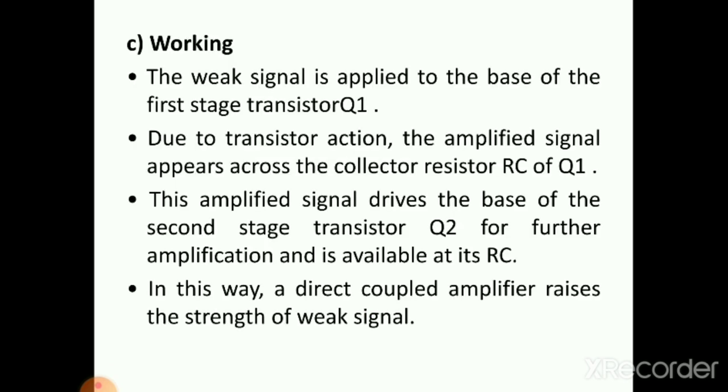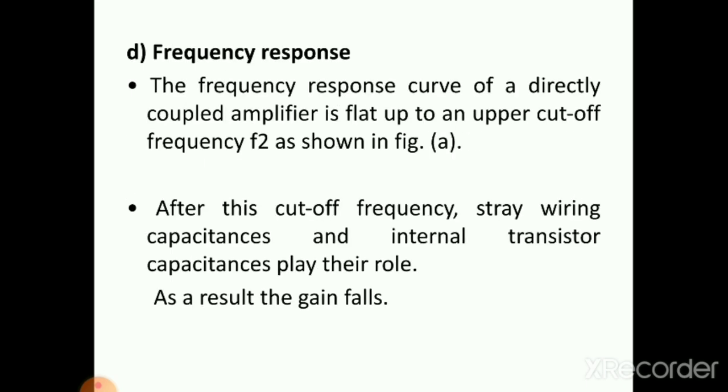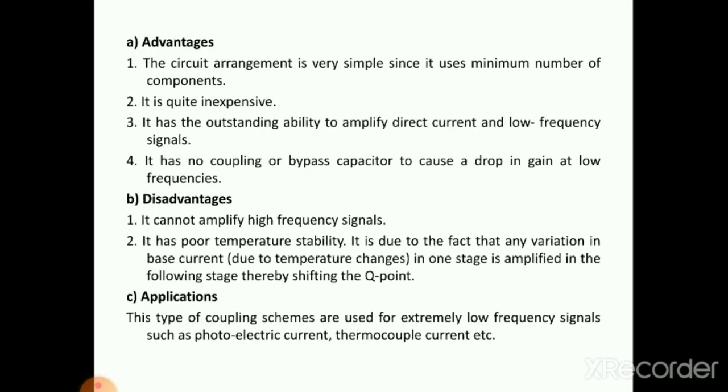So signal is amplified from Q1 to Q2 and then Q2 to Q3. These are direct coupled, and the advantages are simplicity because of fewer components, less cost, and the ability to amplify direct current. Even low frequency means direct current, less than 10 kHz literally is equal to direct current. No coupling or bypass capacitor, so drop in gain at low frequency does not happen. Disadvantage: cannot amplify, of course we know. Poor temperature stability.